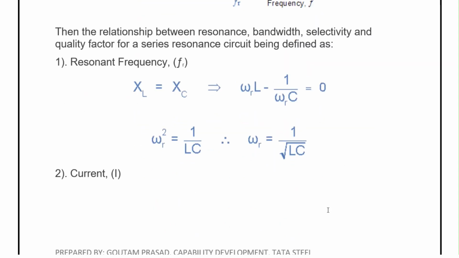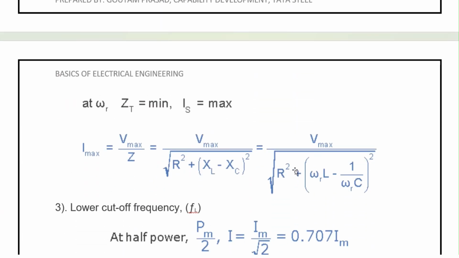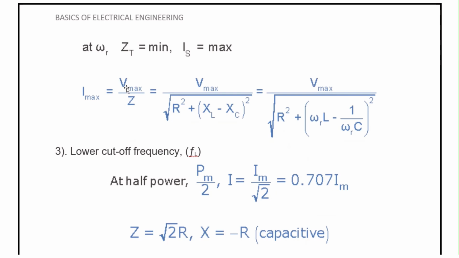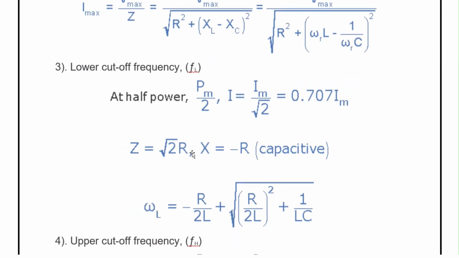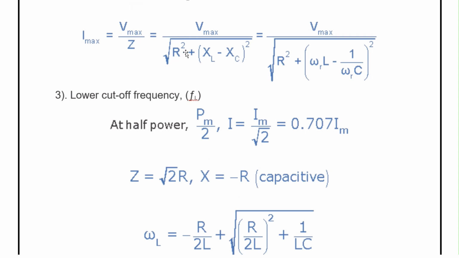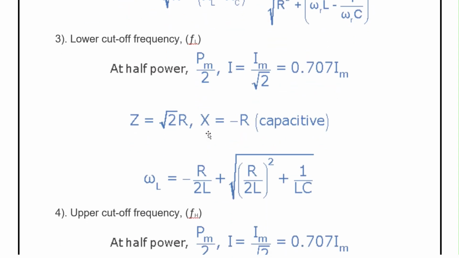The relationship between the resonant bandwidth, selectivity and quality factor for the series circuit is defined as XL equal to XC, omega L. This omega R is equal to what we have already seen, and I max equal to V max divided by Z, and at resonance, this Z is equal to R, so that I becomes maximum.